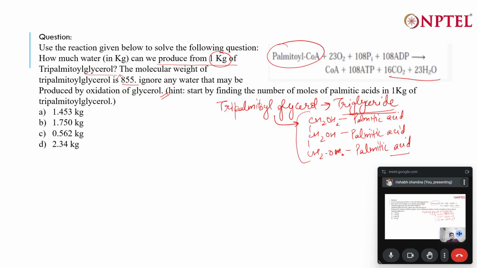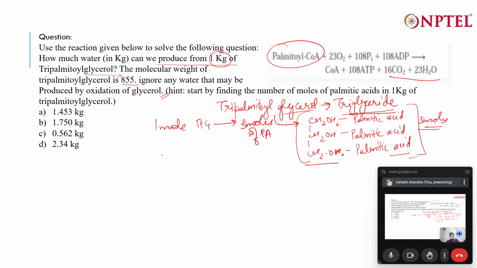So this is the structure of tripalmitoyl glycerol. It's a triglyceride, so one molecule of tripalmitoyl glycerol will have 3 moles of palmitic acid. That means 1 mole of tripalmitoyl glycerol will have 3 moles of palmitic acid.